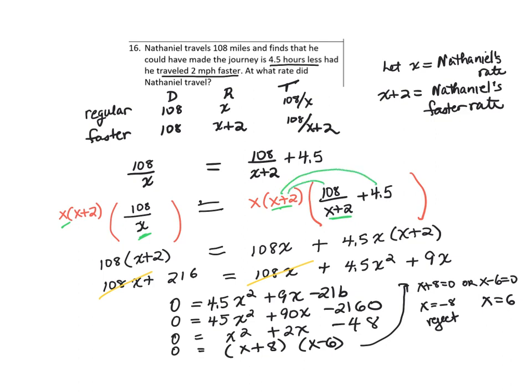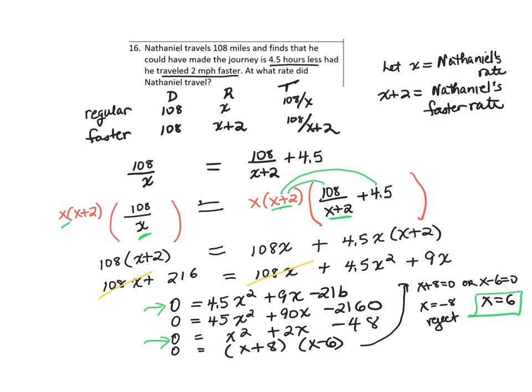So distributing and collecting terms, we end up with this quadratic. 0 equals 4.5x squared plus 9x minus 216. I multiplied each side by 10 and divided everything by 45. And this quadratic here comes out to be factorable into x plus 8 times x minus 6. We set each factor to 0, and we reject the negative 8, and we take x equals 6.